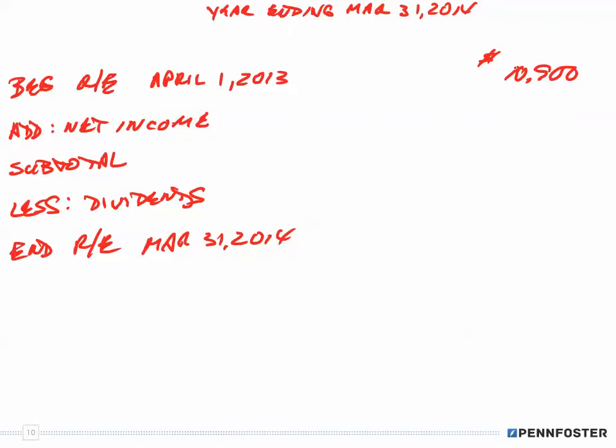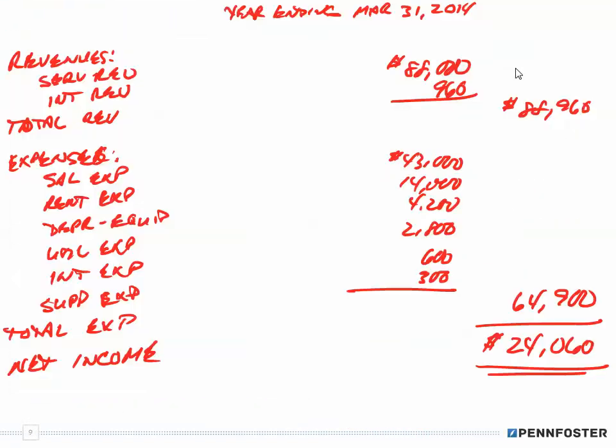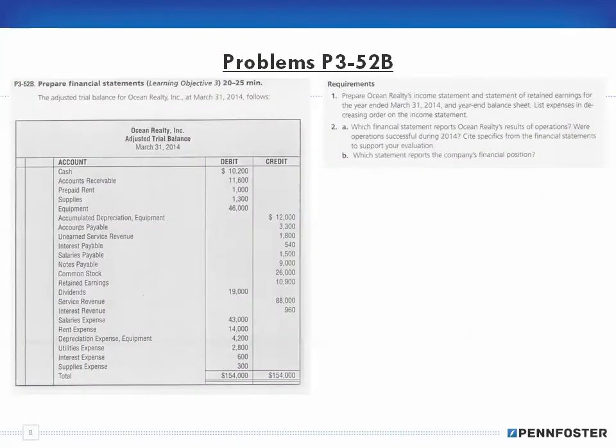And let me just quickly look at that problem. I am looking in the book. So if you look at the adjusted trial balance, for that beginning retained earnings, there's the $10,900.